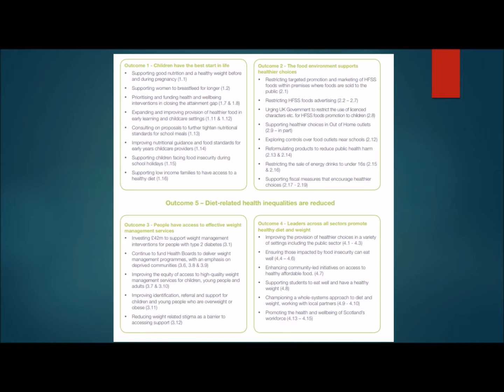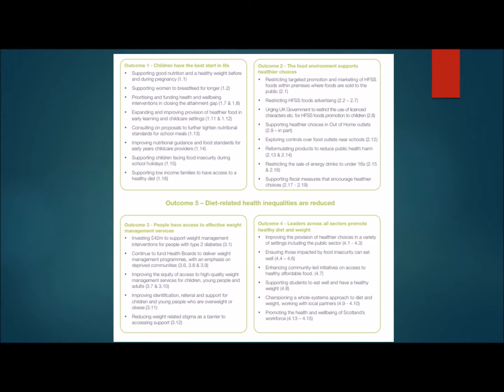And the reason why they've come up with these outcomes is because there are some quite shocking statistics that are still around within Scotland. So 2/3 of adults in Scotland in the 2016 Scottish Health Survey were reported as being overweight. So that's 65% of the adult population. And 29% of the overall population were actually obese.